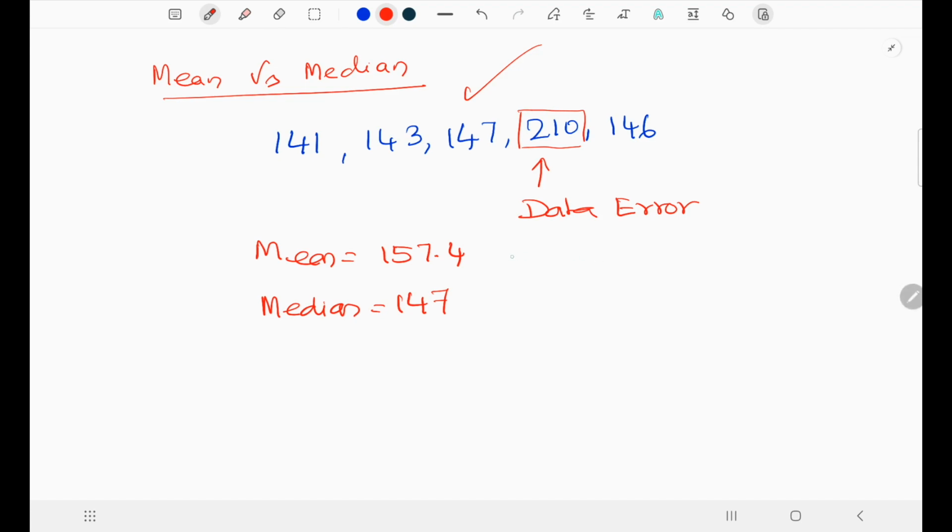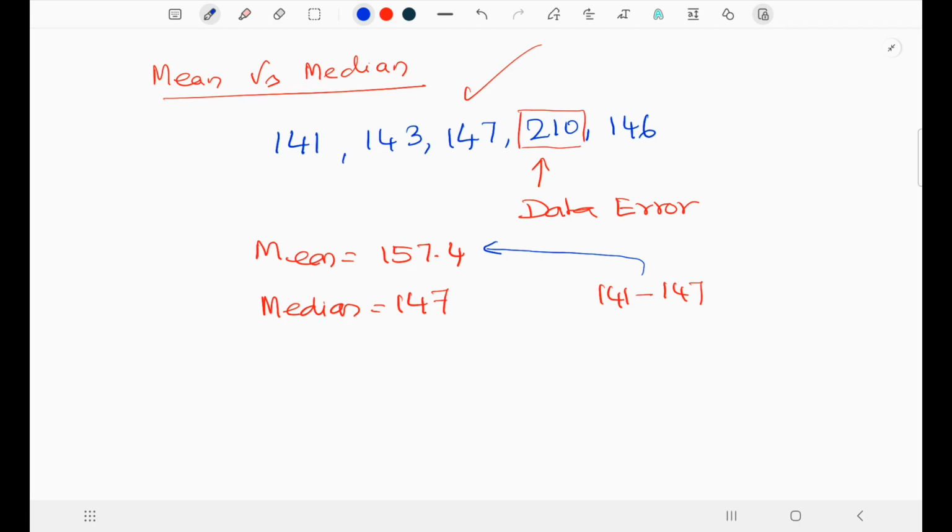The blood sugar lies between 141 and 147, but the mean value deviates by a very large amount due to the device error or data error, whereas the median value is still accurate and represents the central point of the data.